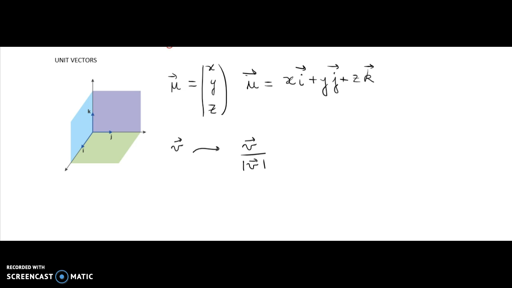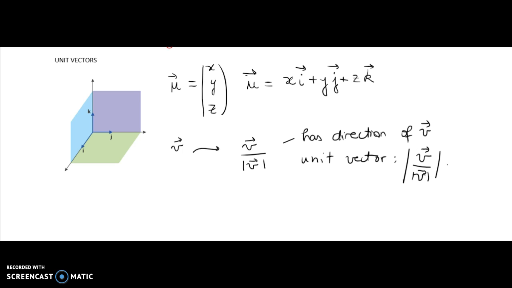So this vector has the direction of v, but it's a unit vector. If we try to find the magnitude of this new vector, this is equal to 1.